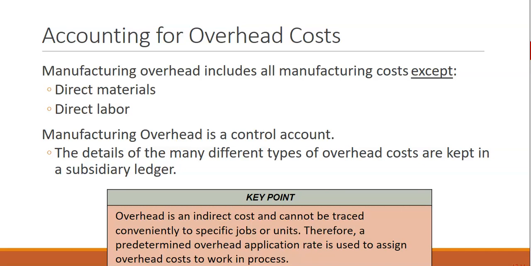Overhead is all of our indirect costs that cannot be conveniently traced to specific jobs or individual units of product. So we use this predetermined overhead rate to apply overhead. We keep this information in a subsidiary ledger where overhead is a control account.